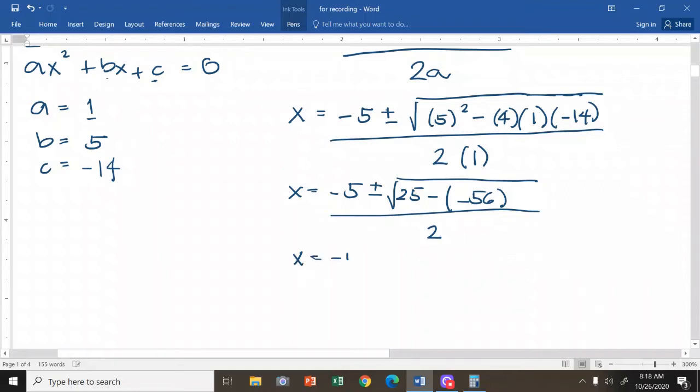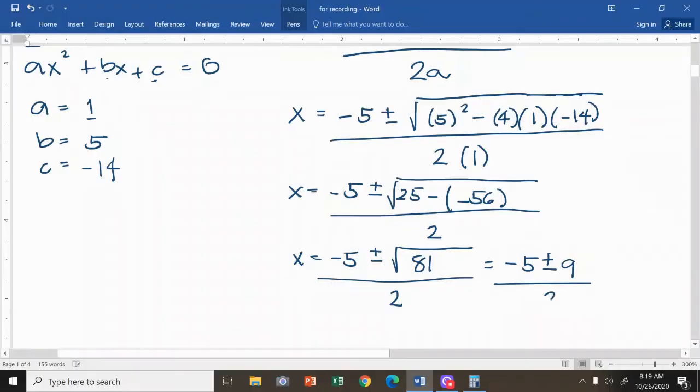This is negative 5 plus minus square root of, itong 25 minus negative 56 is equal to 81, over 2. Pag sinimplify natin siya further, meron tayong negative 5 plus minus, ang square root ng 81 is 9, over 2.